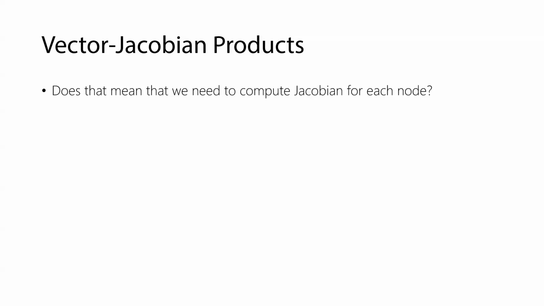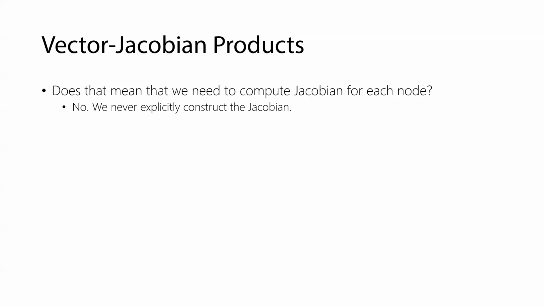Any regular GPU won't be able to have that much space. So usually in the relevant literature, we consider what's called the vector Jacobian product or Jacobian vector product, depending on who's talking about this one.